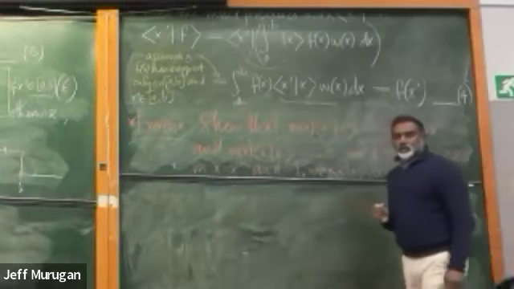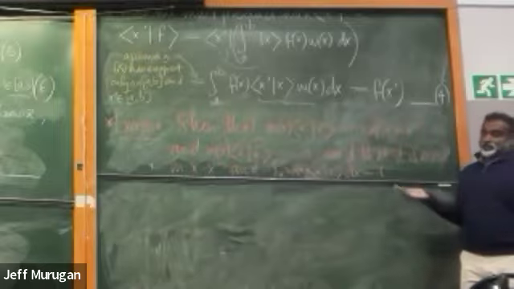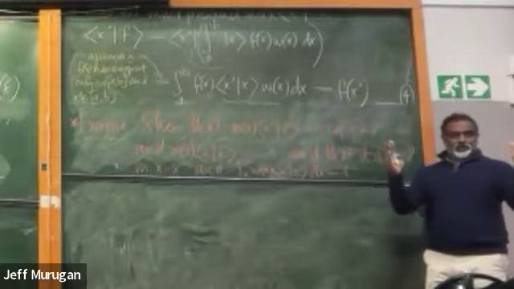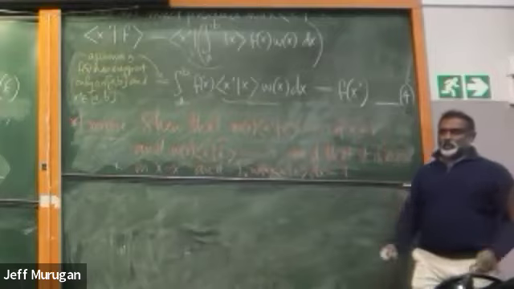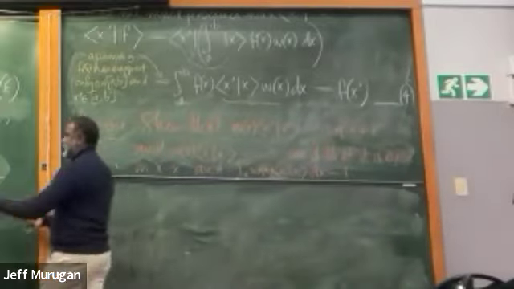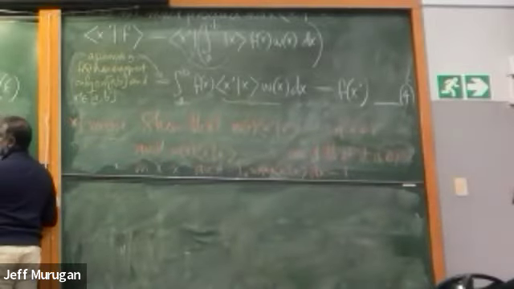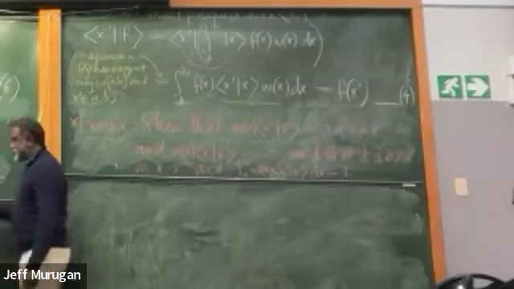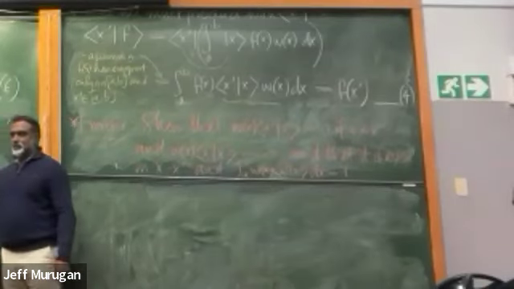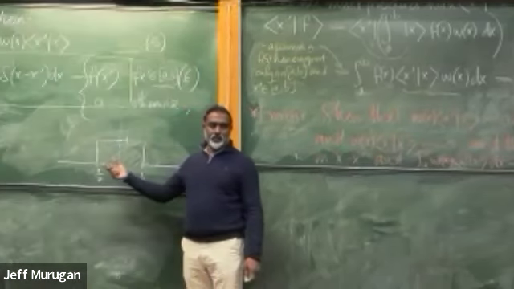If I calculate the area under this curve, it's a half minus minus a half, which is 1 times 1, which is 1. So the area under the curve is 1.